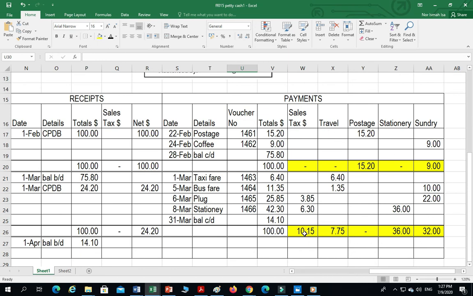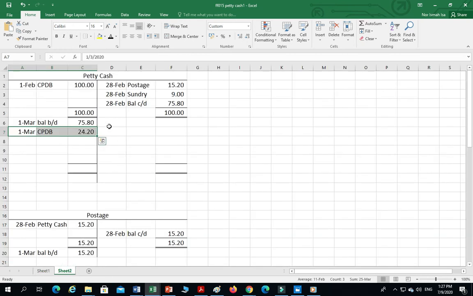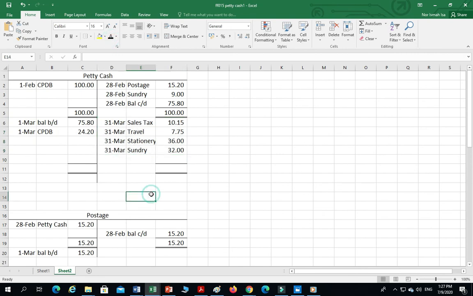For each column, sales tax, travel, postage, stationery, and sundry, and the total amount here. So these are all the columns that have been posted here. Sales tax 10.15, travel 7.75, stationery 36, and sundry 32.